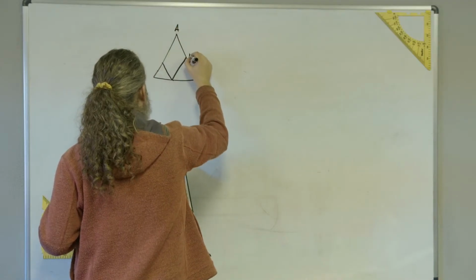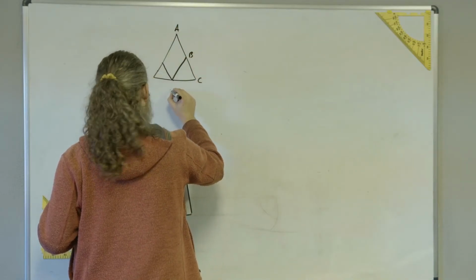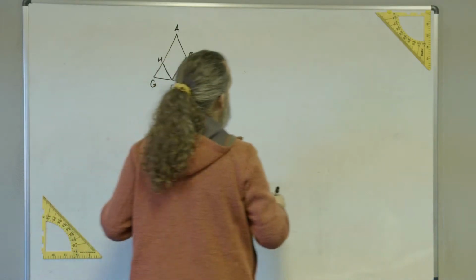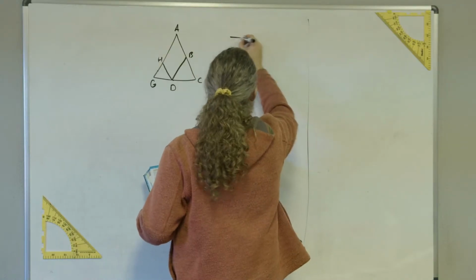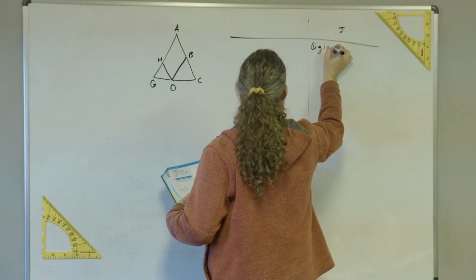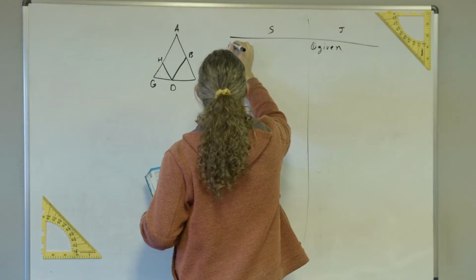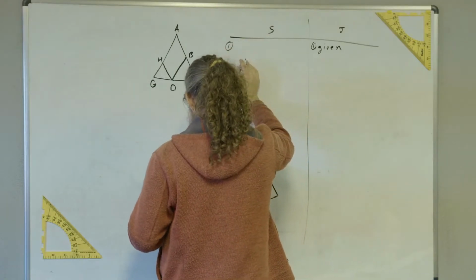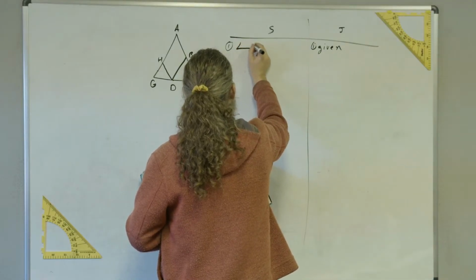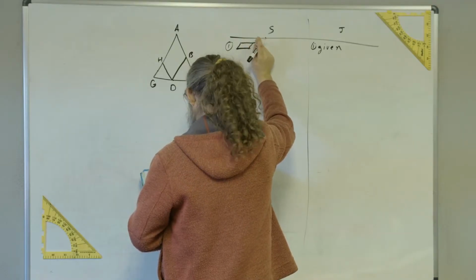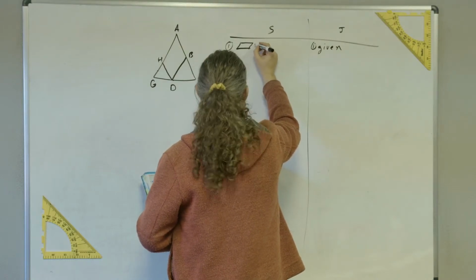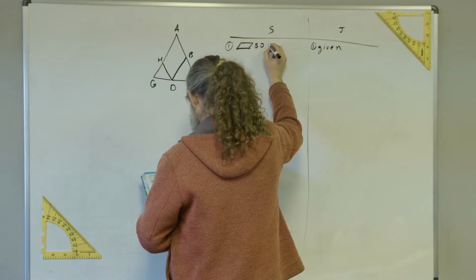A, B, C, D, G, H. We are given that BDHA is a parallelogram, which is great because we've got all kinds of theorems about parallelograms too.